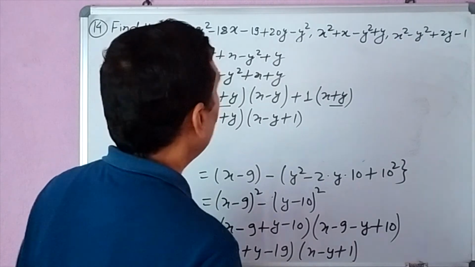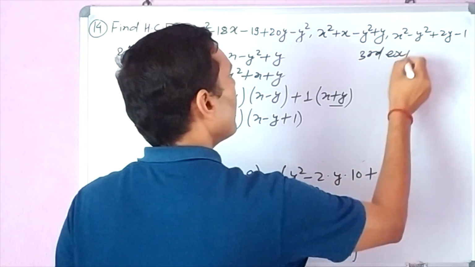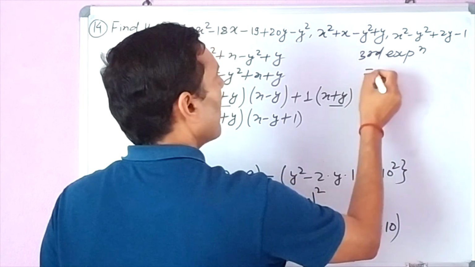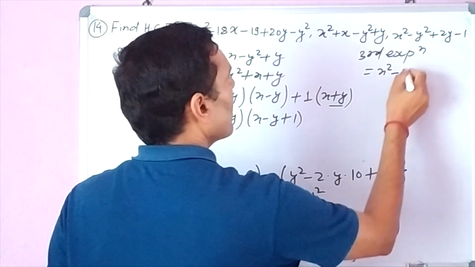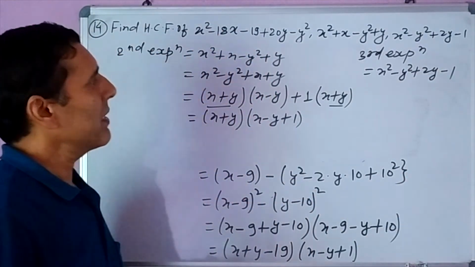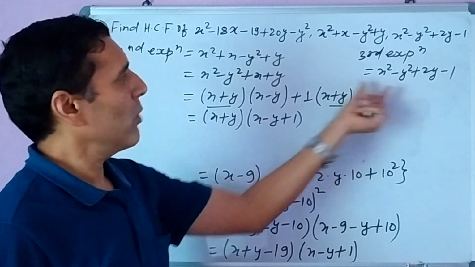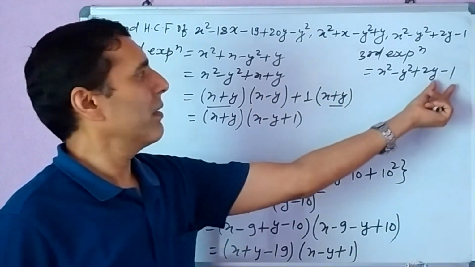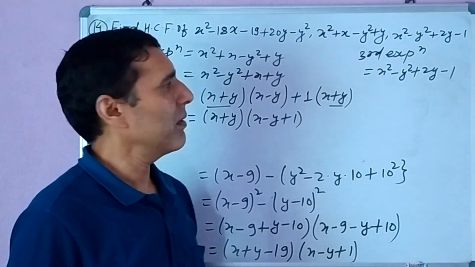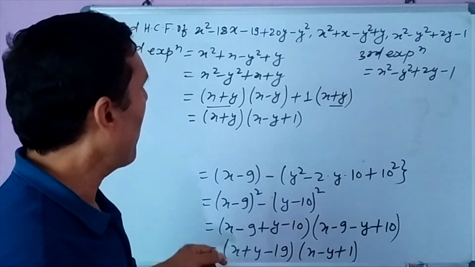Now similarly, we have the third expression. Our third expression is x square minus y square plus 2y minus 1. How can this be factorized? Look here now. Here we cannot write x plus y, x minus y because from the last two terms, 2y minus 1, we get neither x plus y nor x minus y.